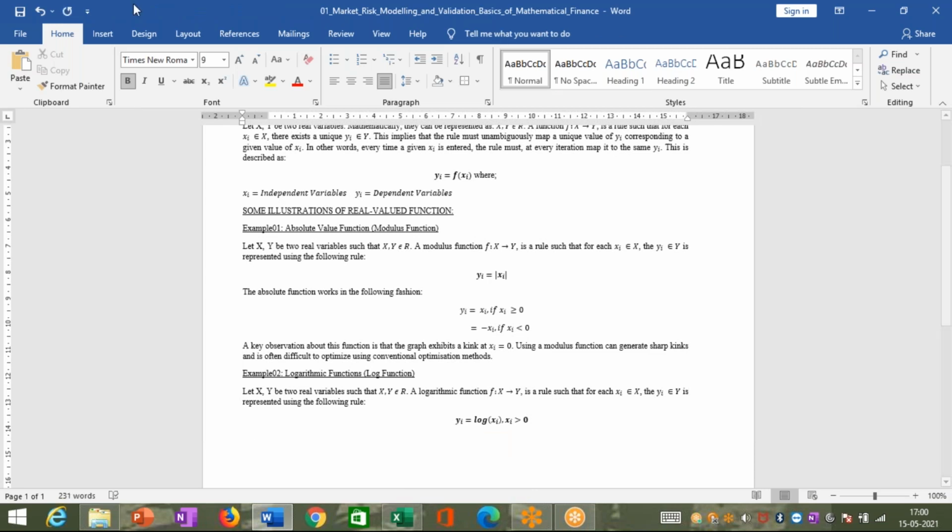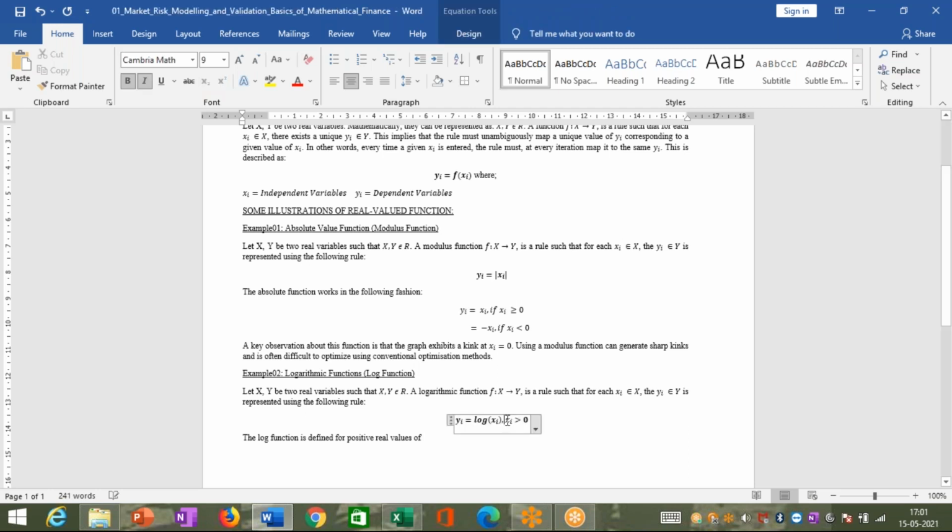We say that the log function is defined for positive real values of xi.